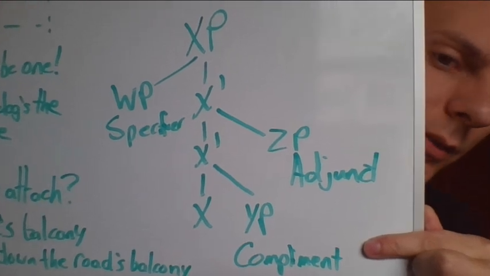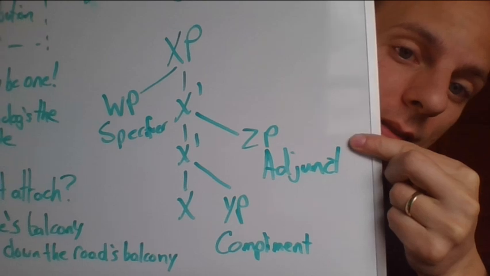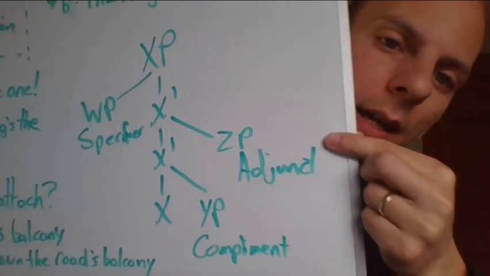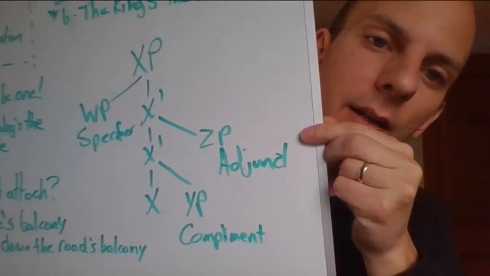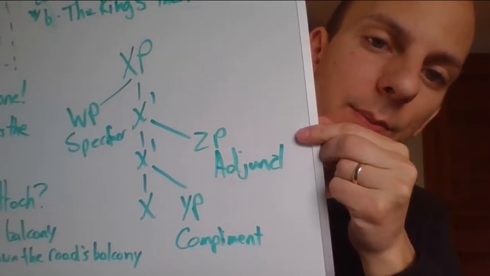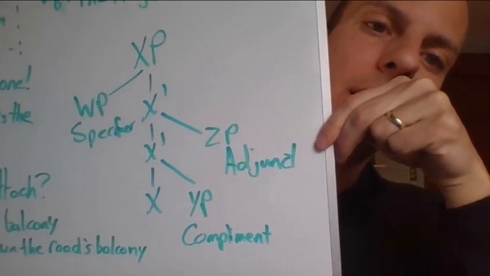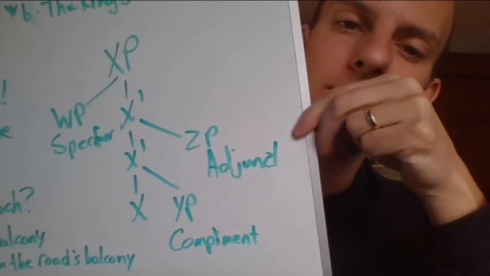We've got this adjunct, which is sister to an X-bar and the daughter of an X-bar. And then on the far side, we've got the specifier, which is also sister to an X-bar, just like the adjunct, but it differentiates itself by being the daughter of the phrasal level.